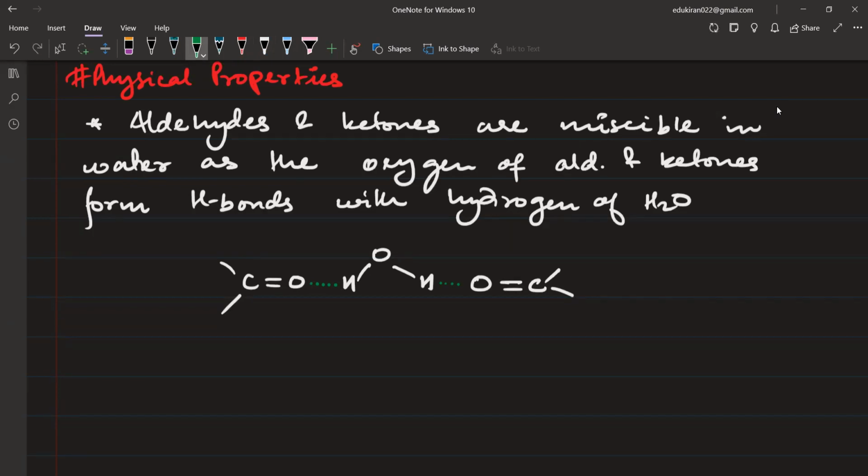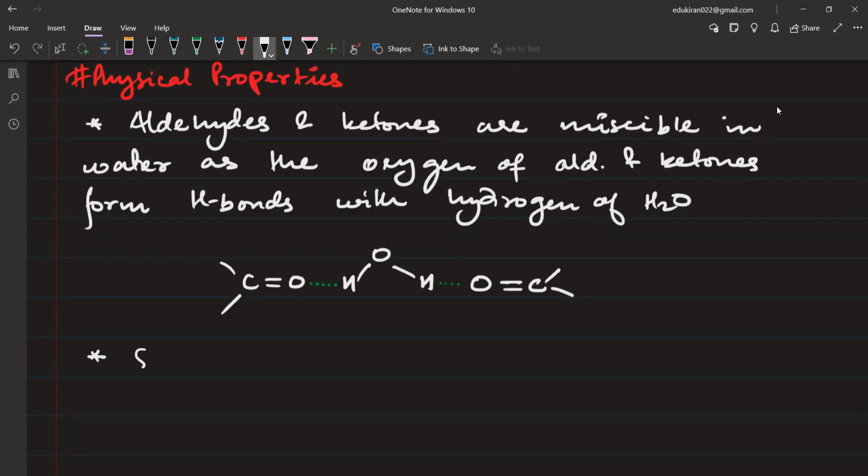That is why these are miscible in water. But please write, as you can see, only this fragment here is favorable for solubility. As you increase the number of carbon atoms, those are non-polar and not favorable for solubility. If you increase the number of carbon atoms in aldehydes and ketones, that will decrease the solubility very rapidly. Right, the next point.